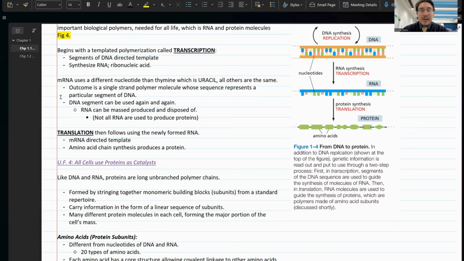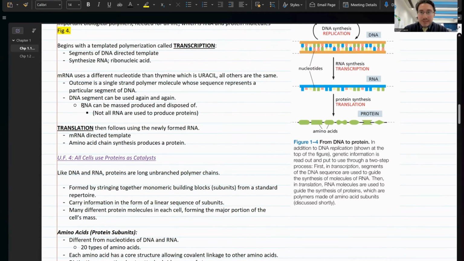It could be read by ribosomes multiple times to produce that particular amino acid strand, so RNA could be mass produced. Then when that protein is no longer needed, it could be disposed of and degraded. So that's transcription in a nutshell.